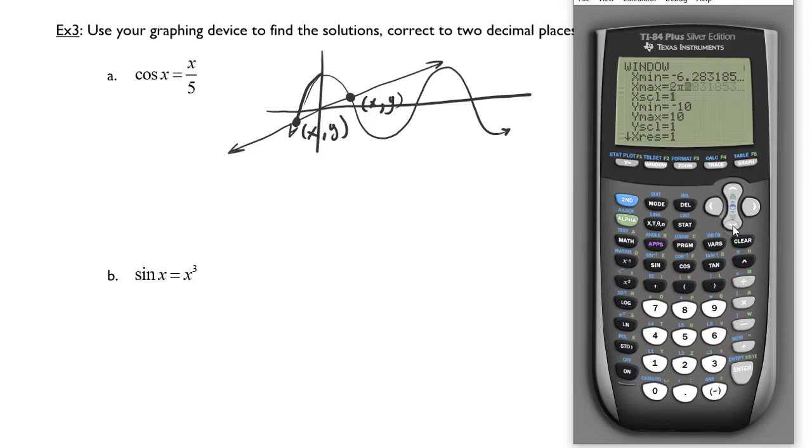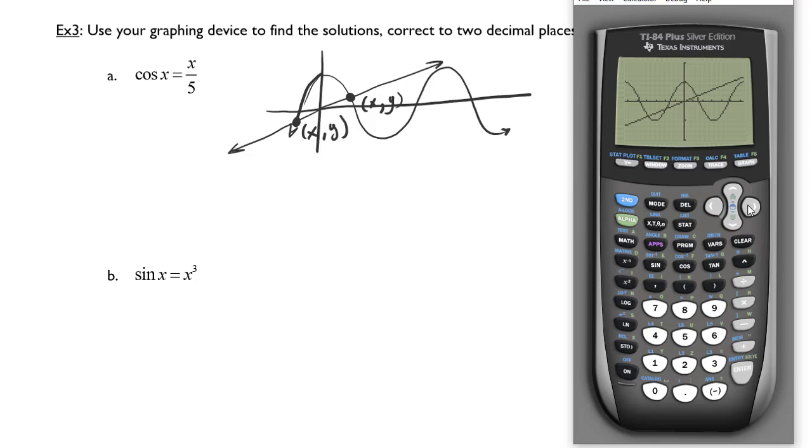And in the y direction, I want to go from, let's say, negative 2 to 2 and see what happens. There's my linear function, and there is my cosine function.